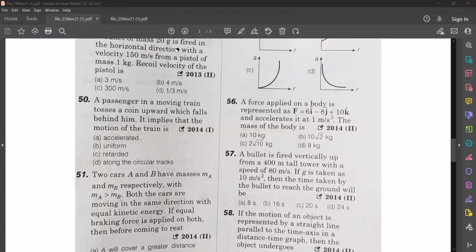The mass of the body is? So the force applied on the body is given, and the acceleration is 1 meter per second square. Mass is what you have to find out. All of you try and comment the answers.